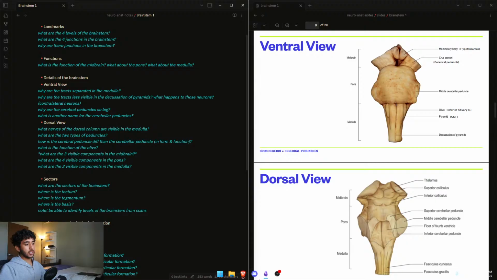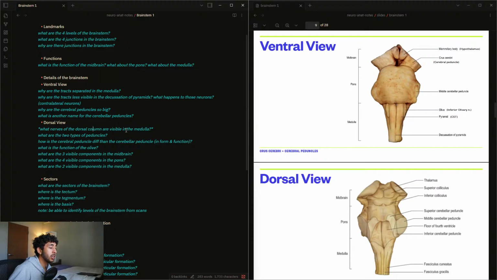That's a good question to ask. So in form, we see that the cerebellar peduncles are typically visible only laterally or dorsally, whereas the cerebral peduncle is visible ventrally. Cerebellar is only dorsolateral. Cerebellar seems to have a lot more components.